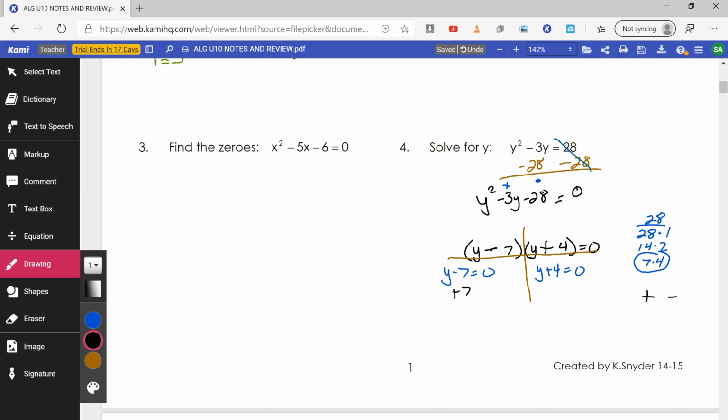Add 7 to both sides here, and we end up getting y equals 7. On the other side, we'll subtract 4 from both sides, and we get y equals negative 4. So there are the two values of y that will give me an answer of 0.